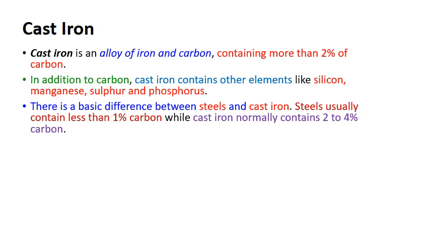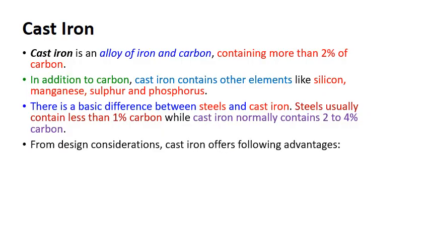When you add carbon up to 1%, look at the properties of the steel. They have very high ductility, right? And they are very hard. And when you add more than 2 to 4%, cast iron has very high compressive strength. It can withstand very high temperature, right? So on. Many properties are there. You would have studied this in material science and metallurgy.